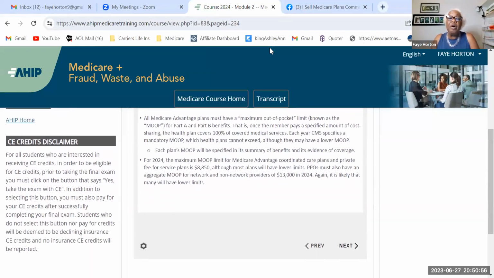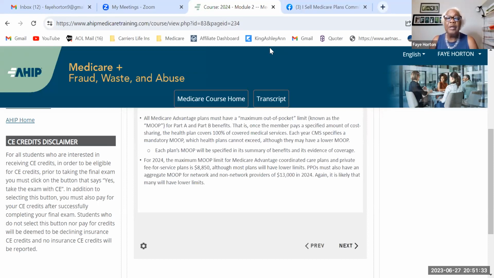Maximum out of pocket, we've already said earlier that all Medicare Advantage plans must have a maximum out of pocket limit known as the MOOP for Part A and Part B benefits. I'll repeat again, this is clearly the medical out-of-pocket maximum. Does not include out-of-pocket costs for prescription drugs. And it is for covered medical expenses.